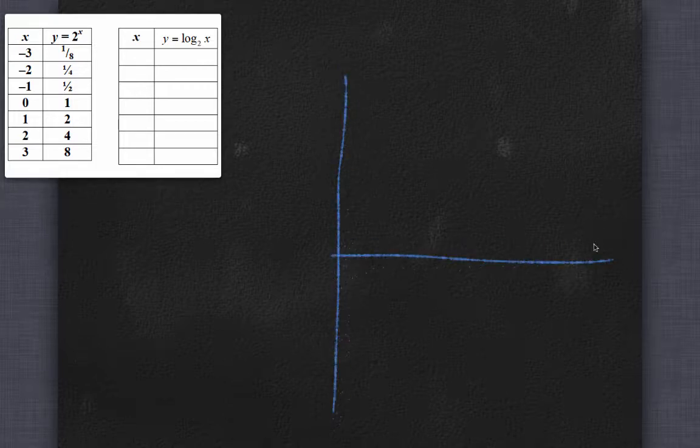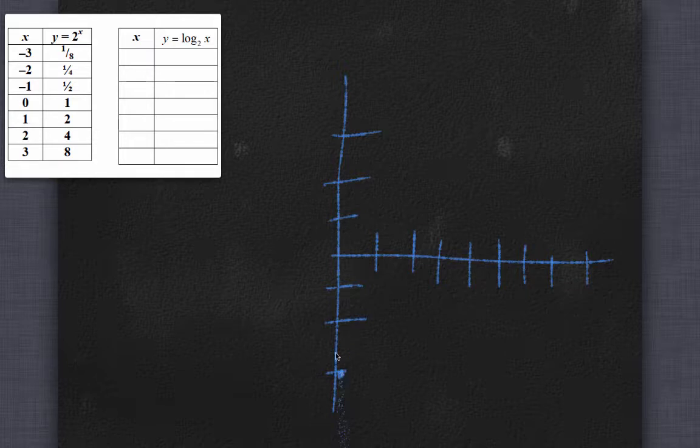So these are all reversed, which means instead of negative 3, 1/8, I go 1/8, negative 3. Instead of negative 2, a fourth, I go a fourth, negative 2. Negative 1, 1/2 becomes 1/2, negative 1. 0, 1 becomes 1, 0. 1, 2 becomes 2, 1. 2, 4 becomes 4, 2. 3, 8 becomes 8, 3.